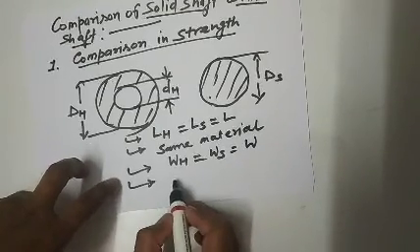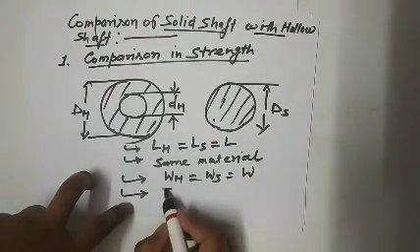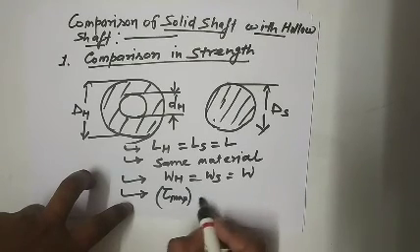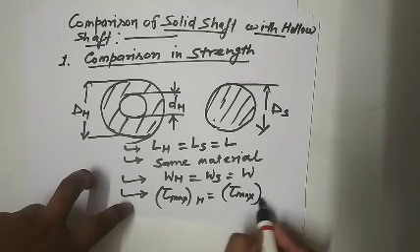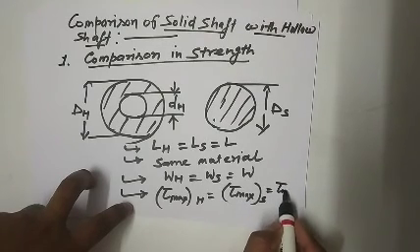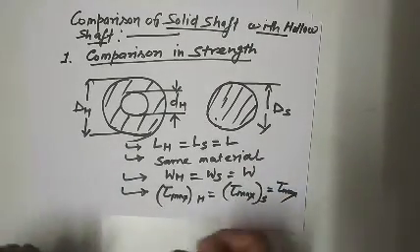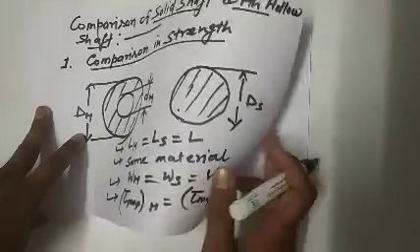And they have same maximum shearing stress, that is tau max hollow equal to tau max solid equal to tau max. Right? These are the conditions given. Then we will go for the comparison in strength. Clear?